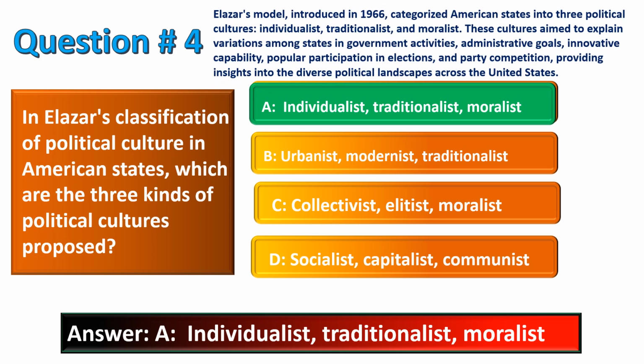Elazar's model, introduced in 1966, categorized American states into three political cultures: individualist, traditionalist, and moralist. These cultures aimed to explain variations among states in government activities, administrative goals, innovative capability, popular participation in elections, and party competition, providing insights into the diverse political landscapes across the United States.